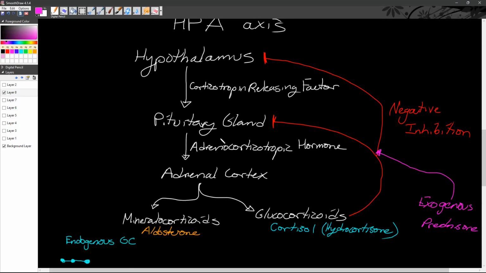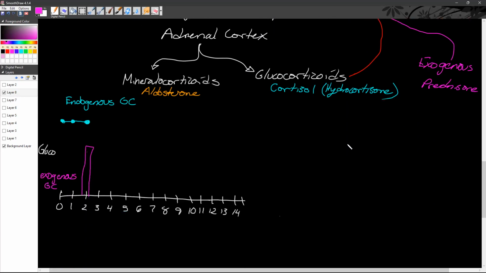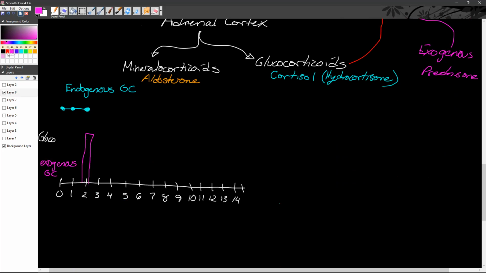That's going to shut off the internal production of cortisol, right? So let's say for the next, I don't know, 7 days, our person is going to be on prednisone. Is the amount of prednisone that we're going to give them going to change at all? No. They're always going to end up with the same amount of prednisone. Why? Because it's in a pill.